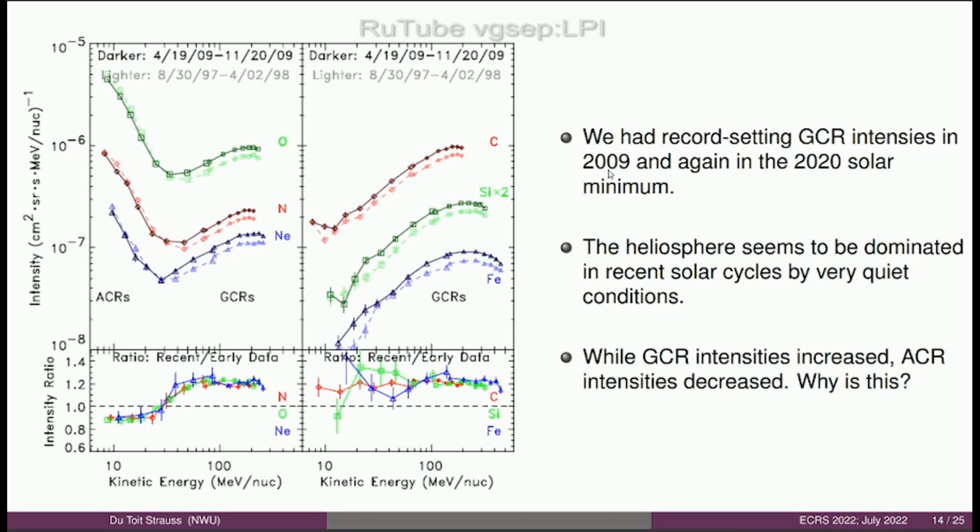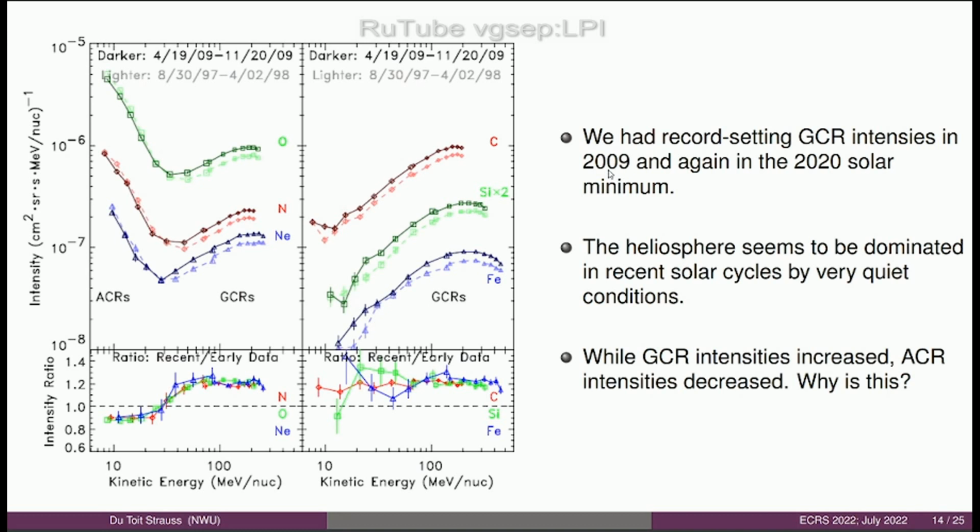So do we know shock acceleration produces the anomalous cosmic rays? We think so, but there are different ways in which we can probe this. And one way, which is a very indirect way of doing this, is by looking at what happened in 2009. So all the previous solar cycles from 1960 up to 1990 were more or less of the same strength.